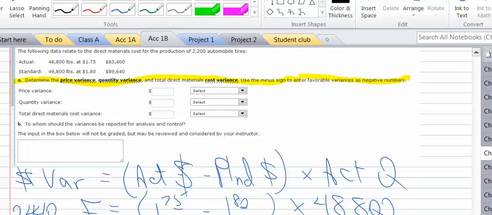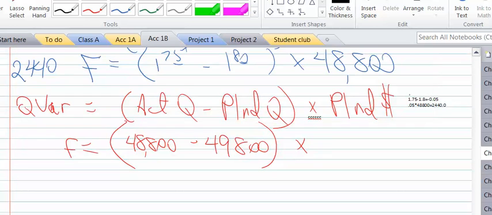Here's my planned price of $1.80. So I'll multiply that times $1.80. So it'd be 1.8 times 1,000. That's my difference. That's 1,800 favorable.